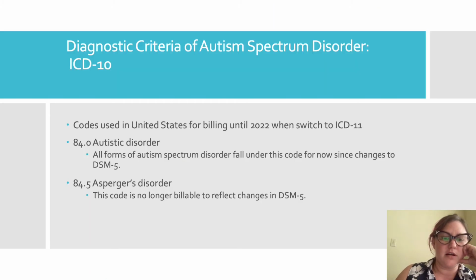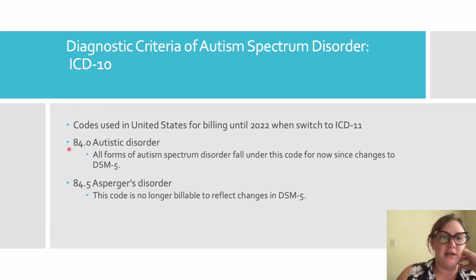Like I said before, even though clinicians learn how to diagnose autism using the DSM, just to make things complicated, Medicaid, Medicare, and every major insurance plan requires social workers and other clinicians to use a completely separate coding system called the ICD. And in the United States, we are still using ICD-10, and ICD-10 was based on DSM-4 TR criteria, so there are still remnants of that.